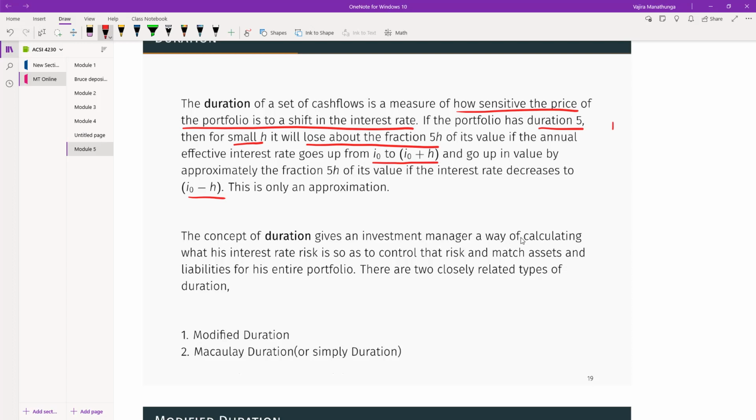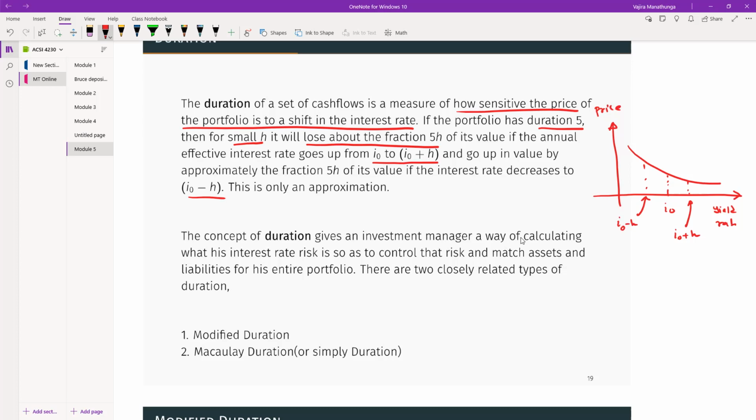Just remember the curve we draw for the bonds. Here you have the price, here you have the yield rate, and here is I0. This one is I0 plus h, and this one is I0 minus h.